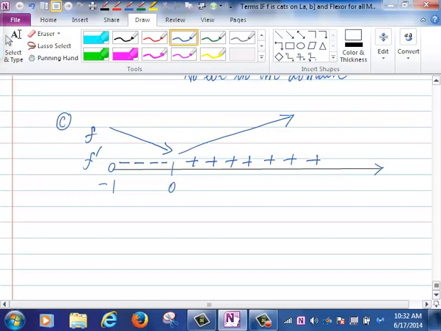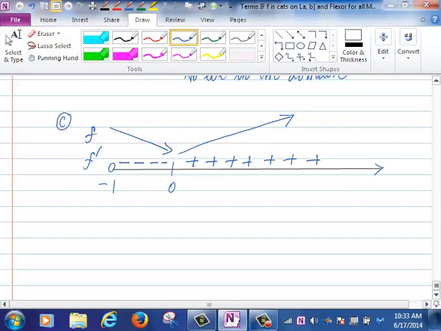Okay, this is -1 to infinity, that's the domain of the function. I found a critical point, I plot the critical point in the domain, and then the critical point divides the domain, in this case, into two parts. I need to know the sign of the derivative function here and here.